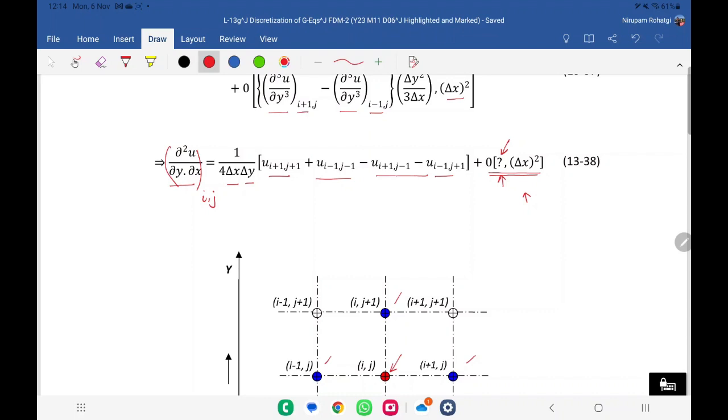With this, we will end the second phase, that is to convert, you can say discretize the governing equation into algebraic equation, or rather I would say in the second phase we are discretizing the domain as well as the equations.